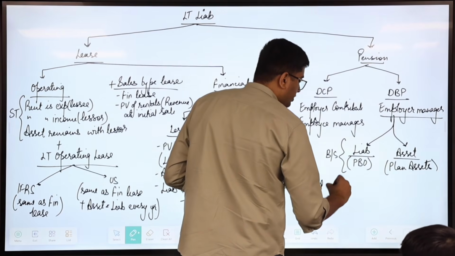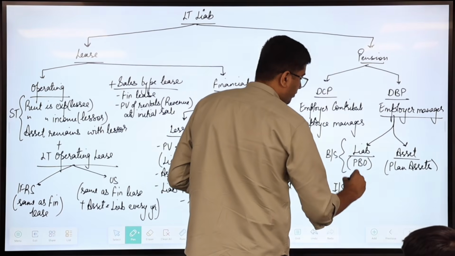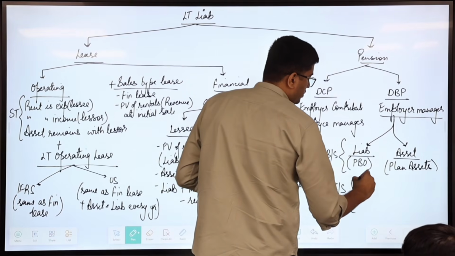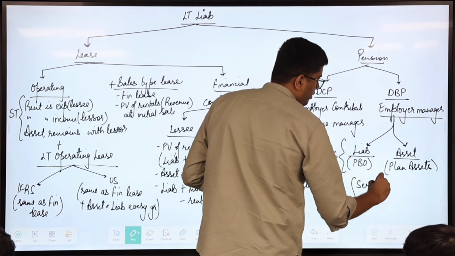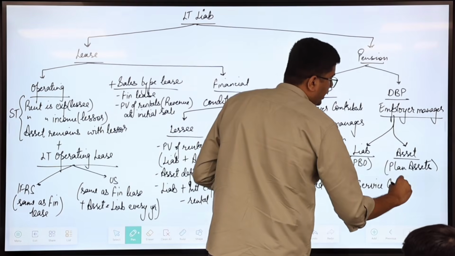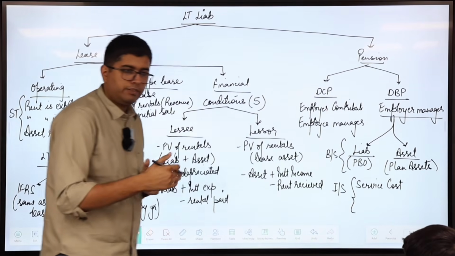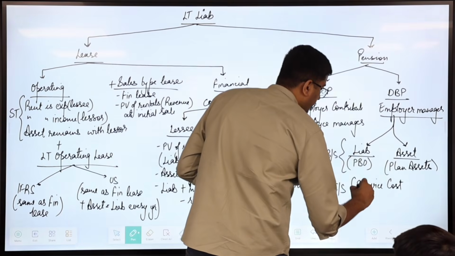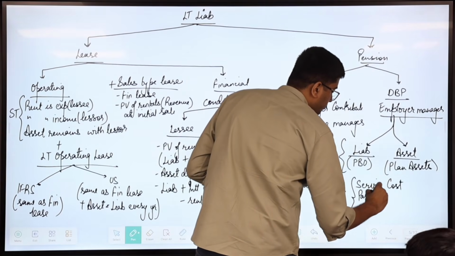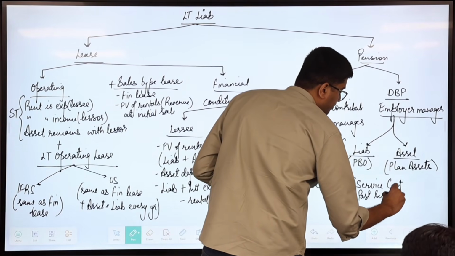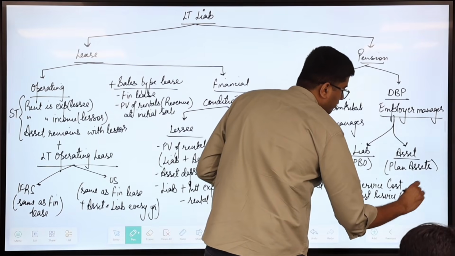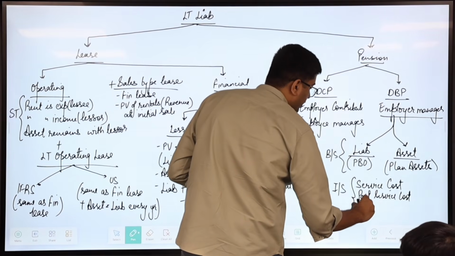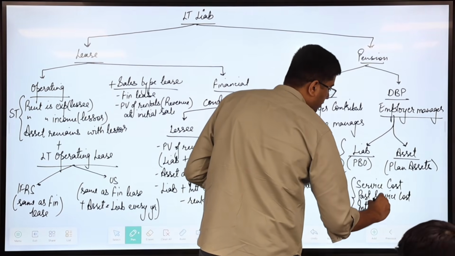On income statement side of things, we will have service cost, which is basically increase in liability every year as the employee completes more and more years of service. Any retrospective changes, past service cost. Any other interest, income or expense.